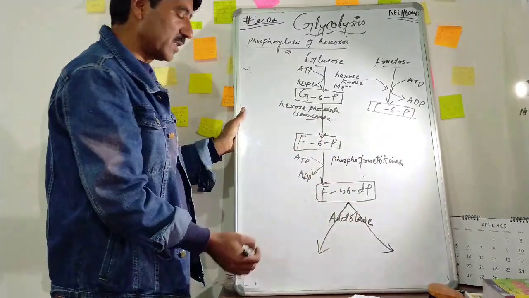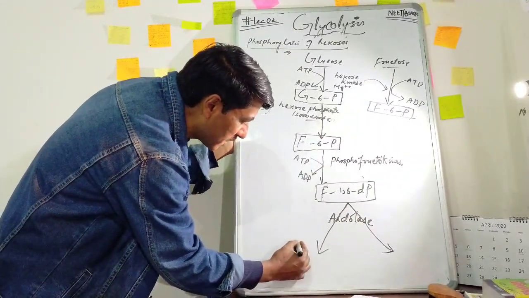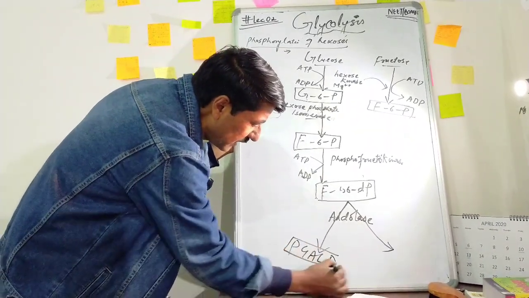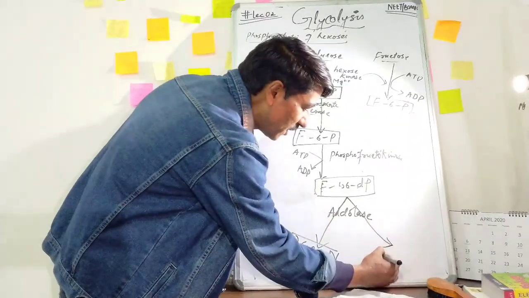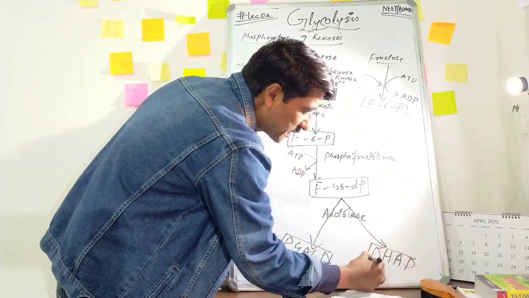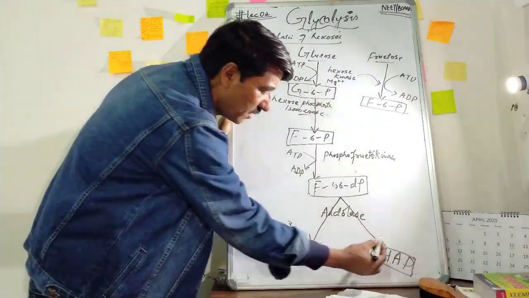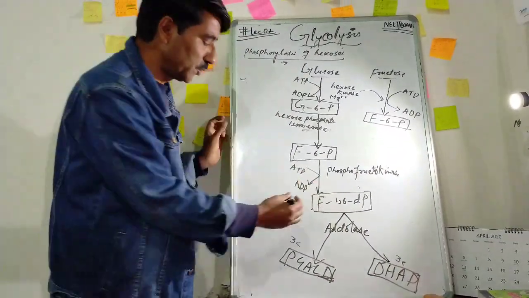The two trioses formed are phosphoglyceraldehyde, or we can say glyceraldehyde 3 phosphate, and dihydroxyacetone phosphate. Two types of trioses are formed. These are 3 carbon sugars formed by the split of a 6 carbon sugar.